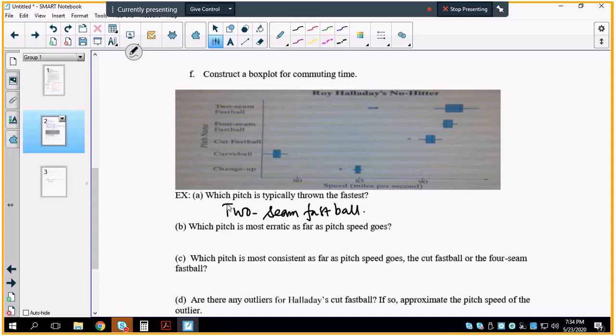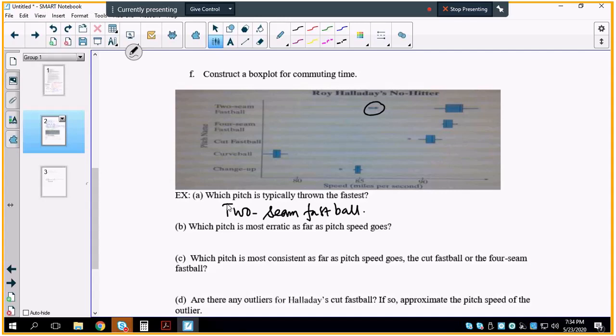Which pitch is most erratic as far as the pitch speed goes? So which has the largest variation? Now, none of these box whisker plots are symmetric, so we are looking at the interquartile range. Again, if you look at the 2-seam fastball, it has outliers here, and the interquartile range is long, bigger than any other distribution.